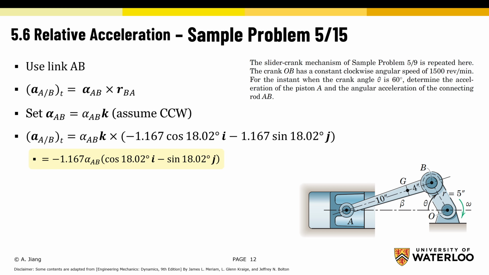Therefore, our relative acceleration A to B, the t component, is given by alpha AB K cross the RBA position vector. Subbing everything, we have one unknown here, the alpha AB in the equation.